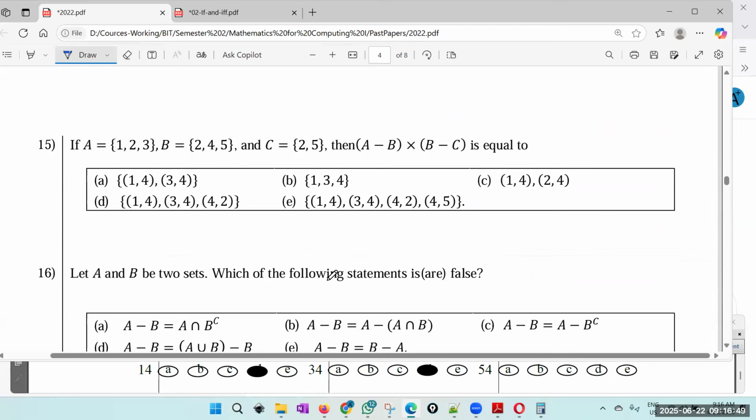Right. Question 15. If A is {1, 2, 3}, B is {2, 4, 5}, C is {2, 5}, then (A minus B) cross (B minus C). These are easy. I don't know, it depends on you.